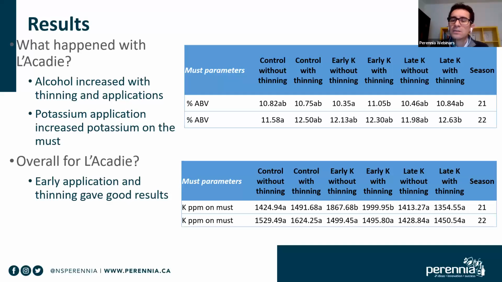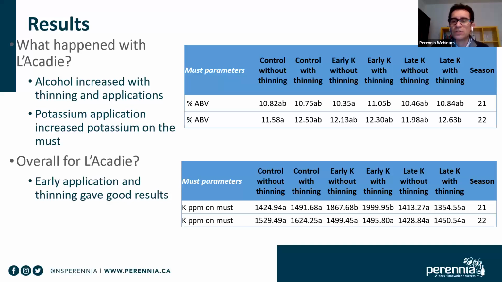Something important to mention is that the vineyard manager, the winery, was practicing soil management in 2021, and they did it early in the season. However, in 2022, they didn't repeat that. It was the year that they were going to work every second row, but they decided to do it after harvest. So that can be something to keep in mind and consider for this treatment.